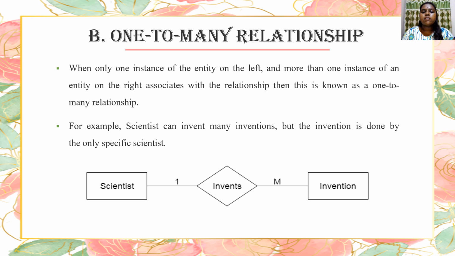When only one instance of an entity on the left and more than one instance of an entity on the right associate with the relationship, it is known as a one-to-many relationship. For example, a scientist can invent many inventions, but an invention is done by only one specific scientist.